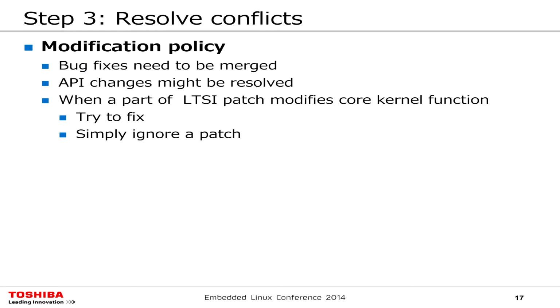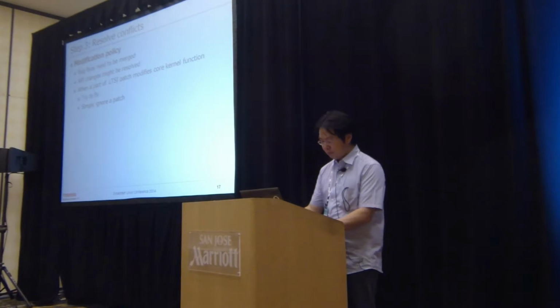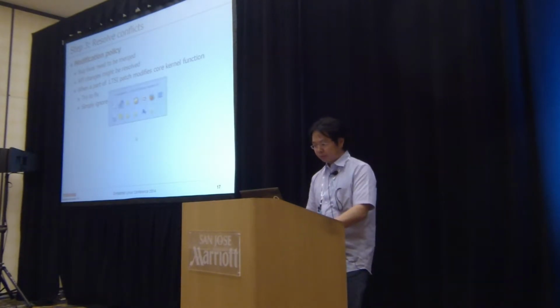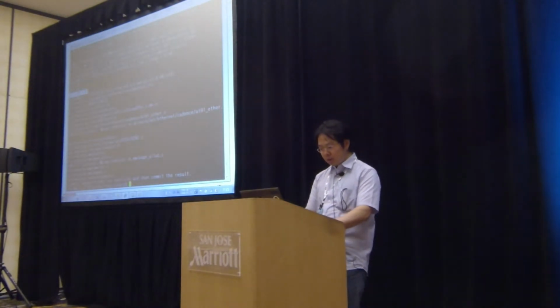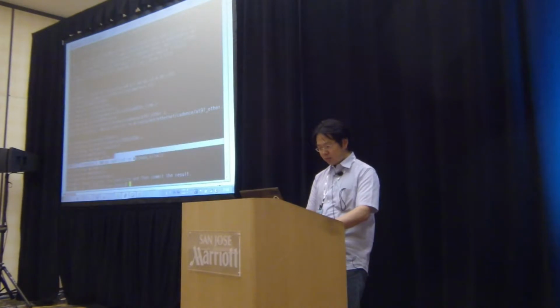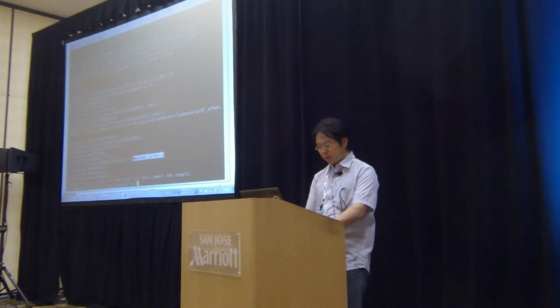So at first, you can try to fix, but if you think it takes a bit long or you don't need some kind of features included in the LTSI kernel, you can simply ignore a patch. So in that case, we have to make sure what kind of conflicts are there.